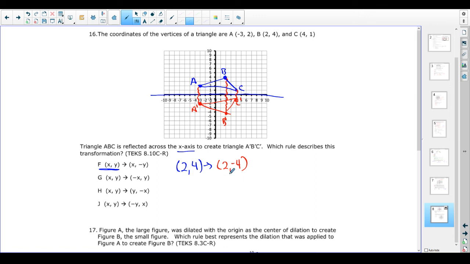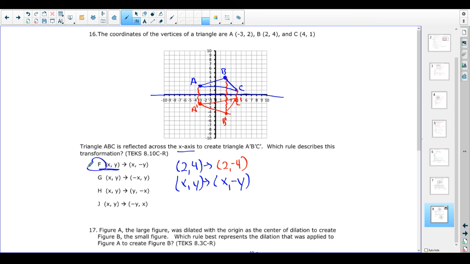X is still 2, but y went from 4 to -4. So I'm looking for, I can even write it here, xy goes to, x is the same, so still just x, but 4 went from positive to negative, so I need the opposite of y. So the opposite of y is -y, and that's my rule.